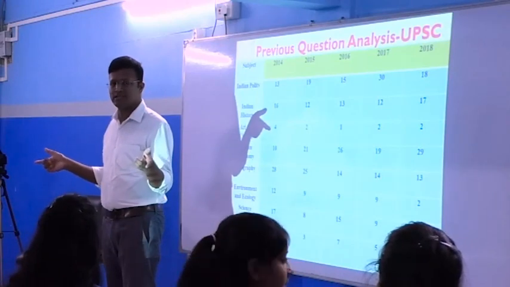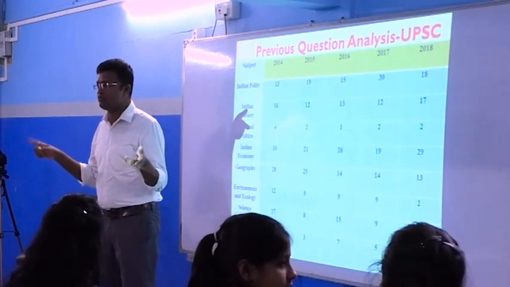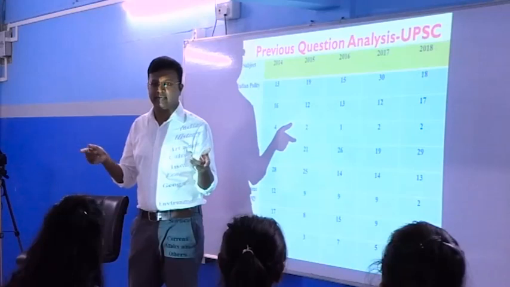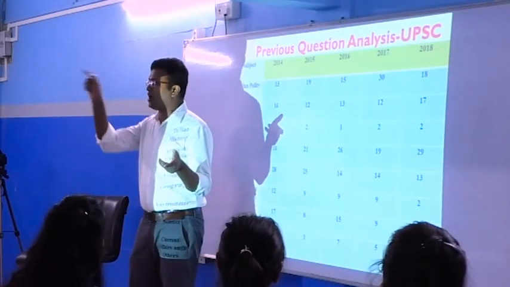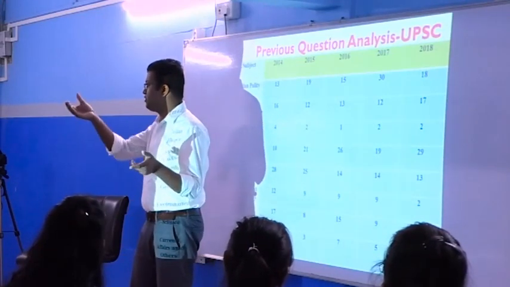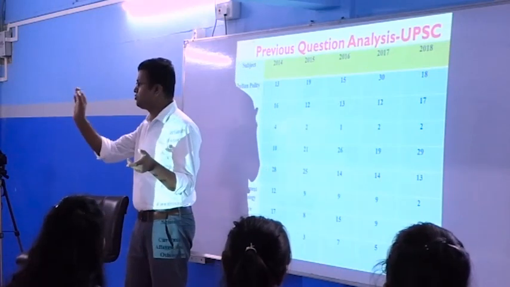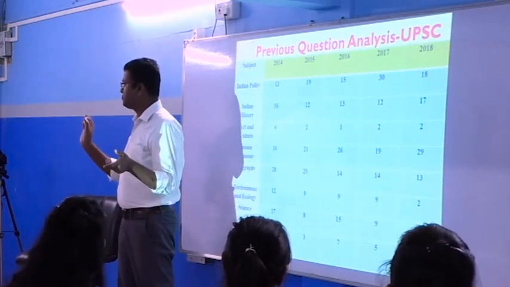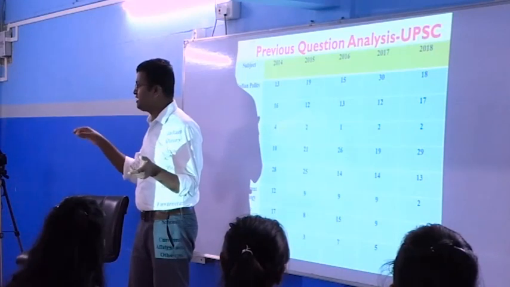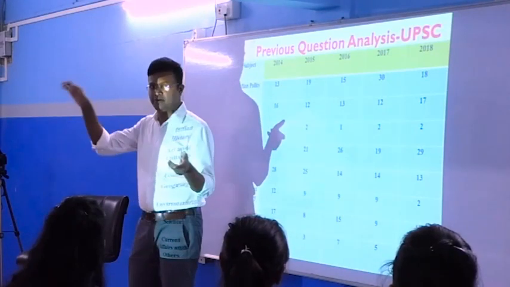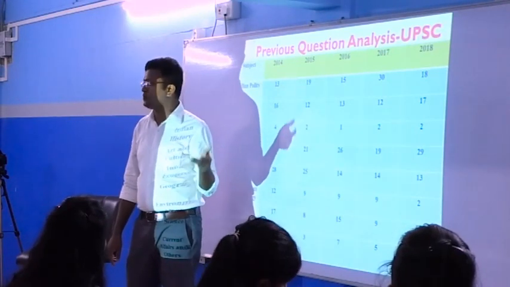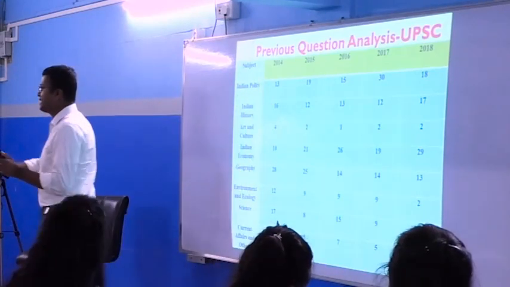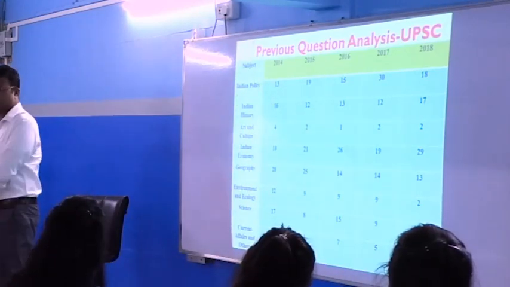Correct, because recently the Supreme Court, in the Puttaswamy versus Government of India case, added the right to privacy into Article 21. If you go to the Constitution, you can see only right to life and personal liberty. The Supreme Court has held that the right to privacy is a part of the right to liberty and the right to life. That is why that is the answer. So you should know the connecting points also.